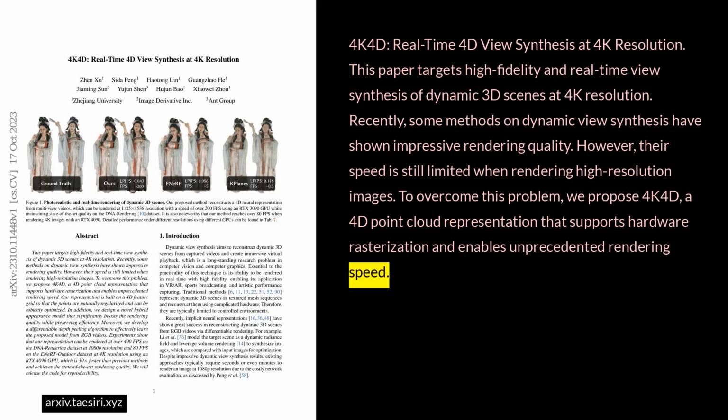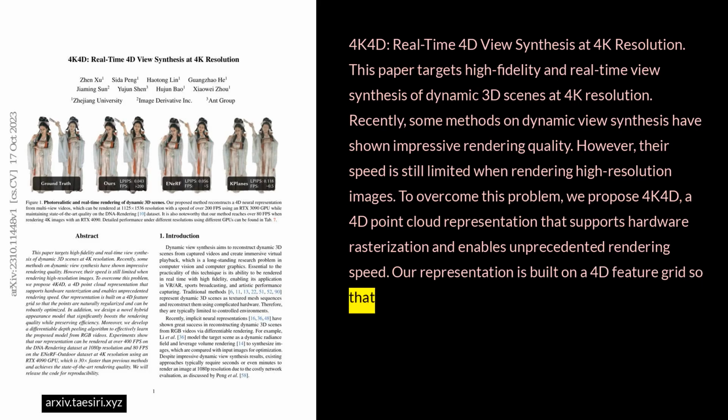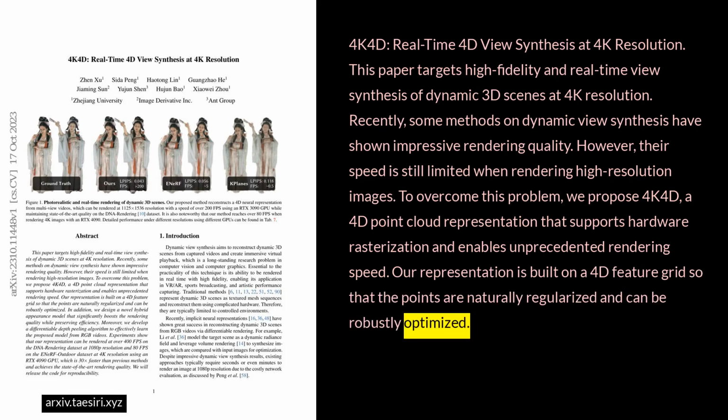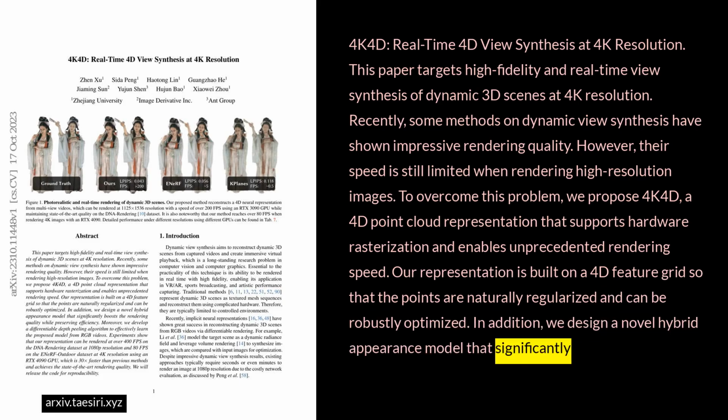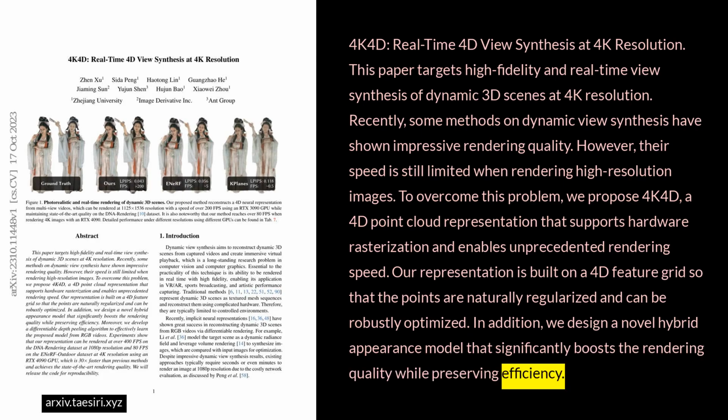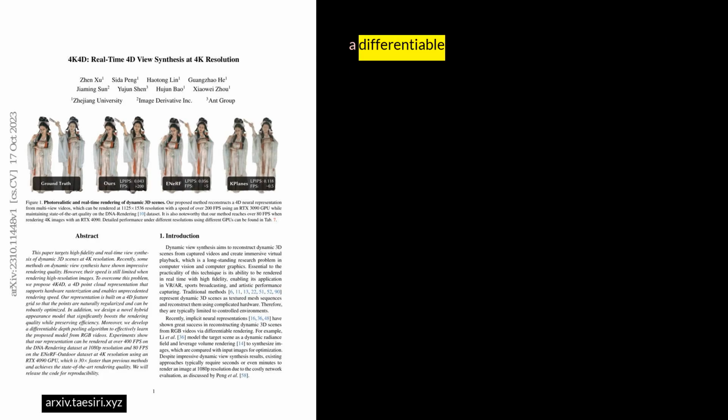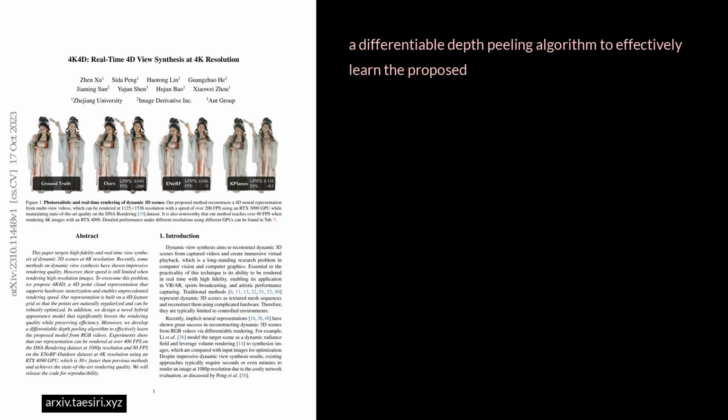rendering speed. Our representation is built on a 4D feature grid so that the points are naturally regularized and can be robustly optimized. In addition, we design a novel hybrid appearance model that significantly boosts the rendering quality while preserving efficiency. Moreover, we develop a differentiable depth peeling algorithm to effectively learn the proposed model from RGB videos.